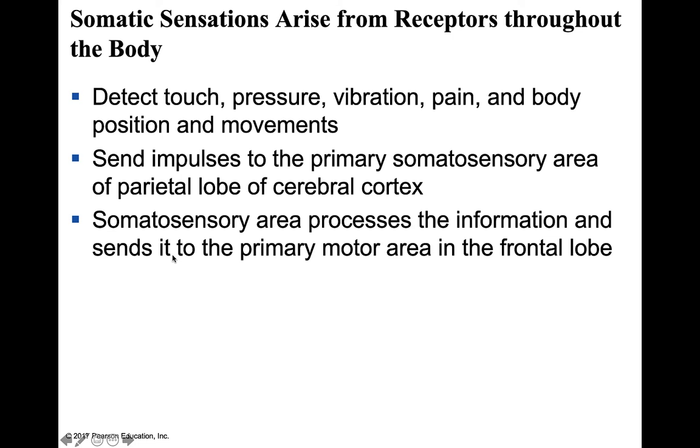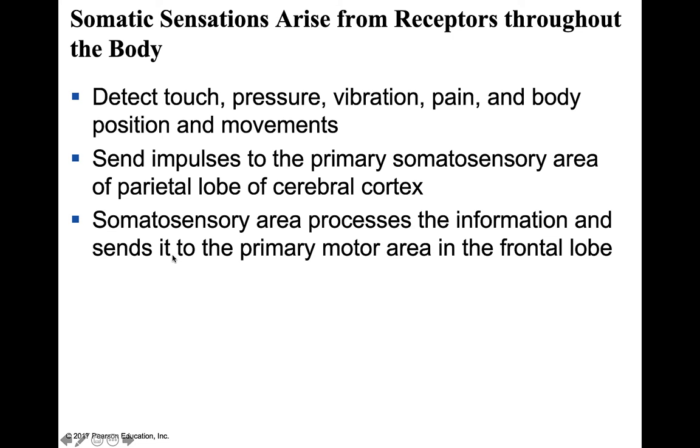Now, if we look at somatic sensations, so now we're looking at touch, pressure, vibration, pain, and body position. So kind of go back to chapter 11 when we talked about the brain. We have within the brain, in the cerebral cortex, this somatosensory area of the parietal lobe.